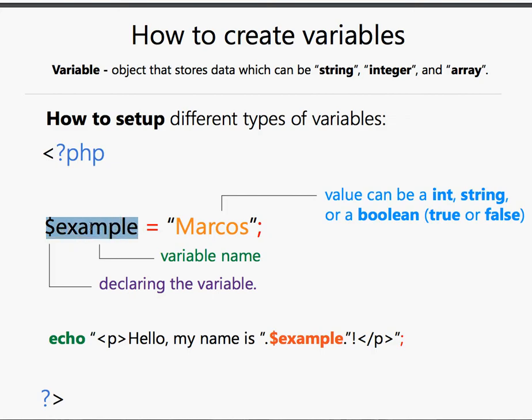Then we use a name, which is going to be the variable name. And the value, as long as it's in a quote, you could put something like Marcos. For a number, it wouldn't need a quote. You just type in the number, but you also have to close it. So it could be an integer, a string, or Boolean, which is true or false.